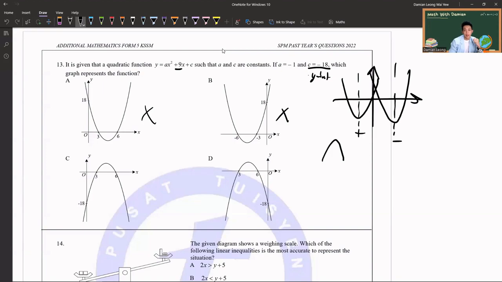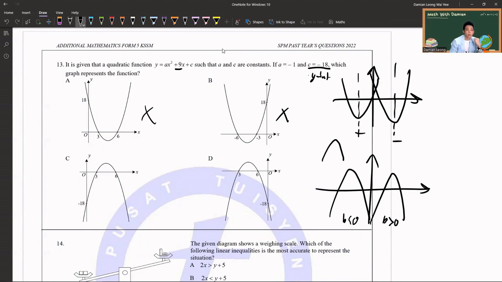But when it's N-shape, when it's a frown, then it's the opposite. Means when b is negative, it's on the left, and when b is positive, it's on the right. So in this case, positive, so it should be on the right side, which means answer should be C.